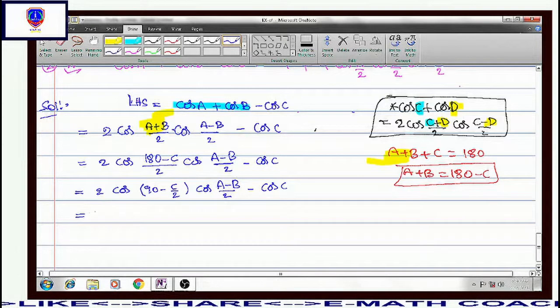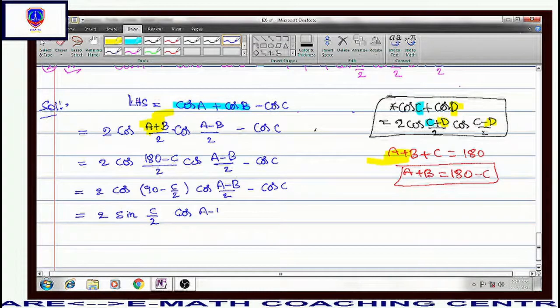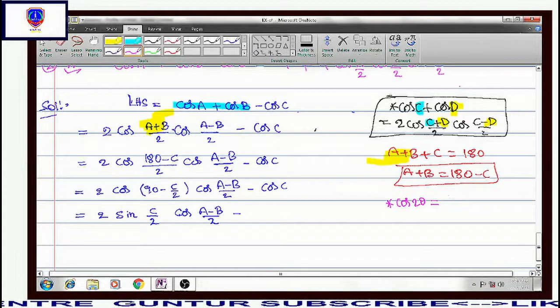So write down 2 sine C by 2 cos of (A minus B) by 2 minus, for cos C, I am writing the formula here. For cos 2 theta, we have to use the sine form: cos 2 theta is 1 minus 2 sine square theta.